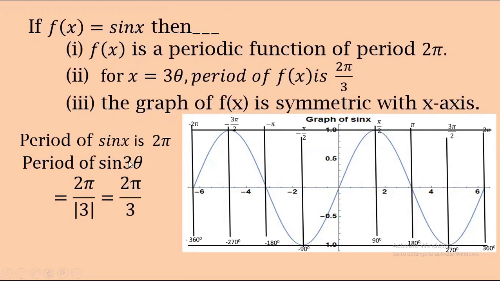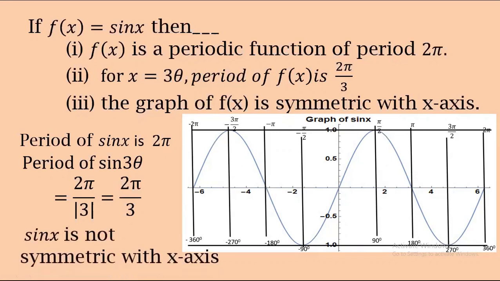The coefficient here is 3 as b, so b is equal to 3 here. So 2 pi by 3. And is the graph of f of x symmetric with the x-axis? See, if we fold the graph along the x-axis, do we get the upper part and lower part the same? No. So this is not symmetric with the x-axis. So options 1 and 2 are correct.